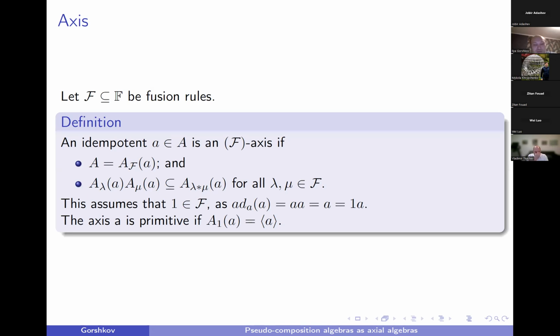And of course, since our algebra A is commutative, our fusion rule must be symmetric, and because a is idempotent, F includes 1. And we say that our axis is primitive if the eigenspace with eigenvalue 1 has dimension 1.